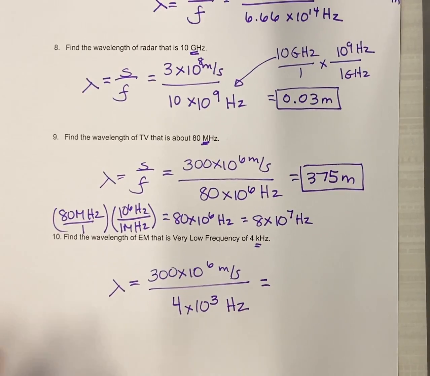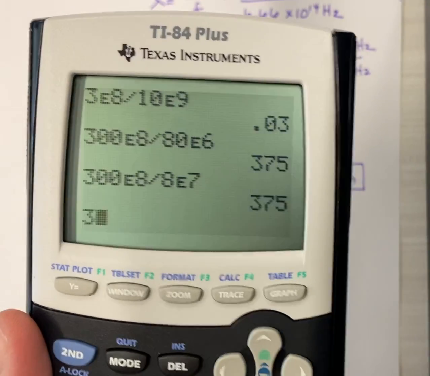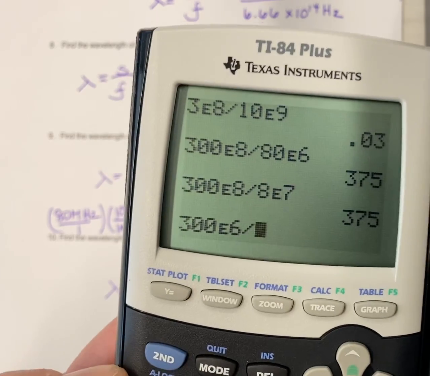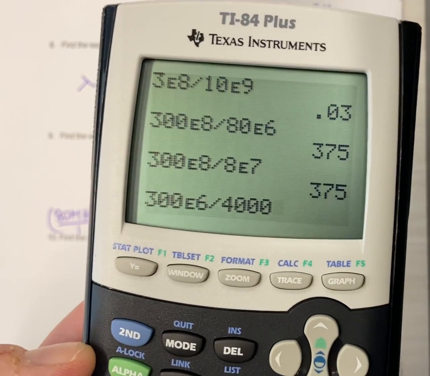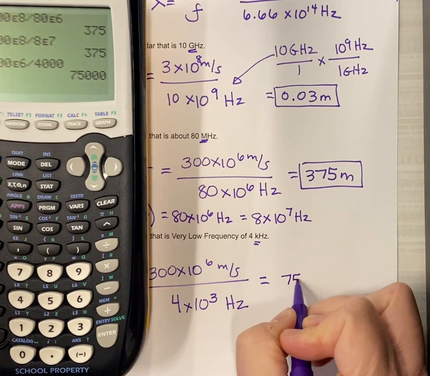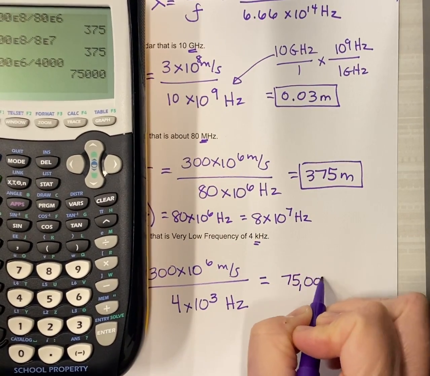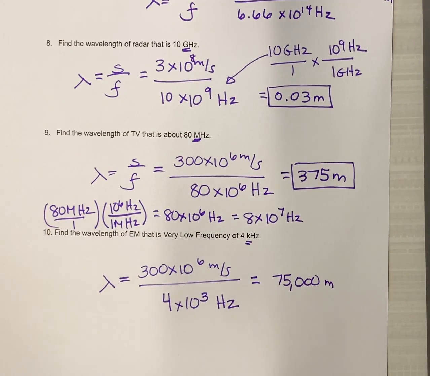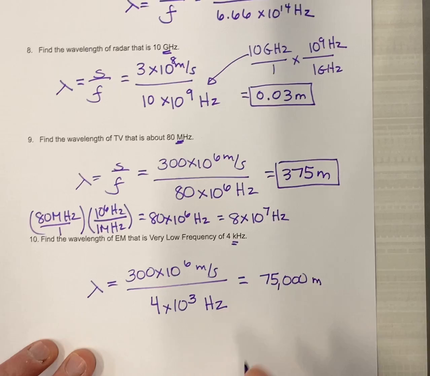So now, 300 EE6 divided by 4,000, or 4 EE3, and I get 75,000 meters. Okay, for that one.